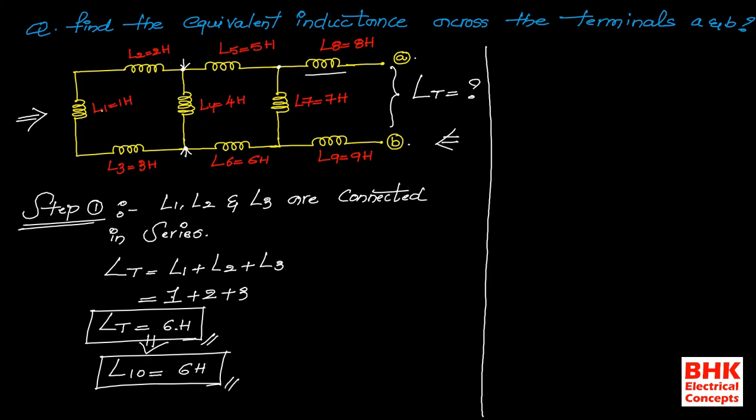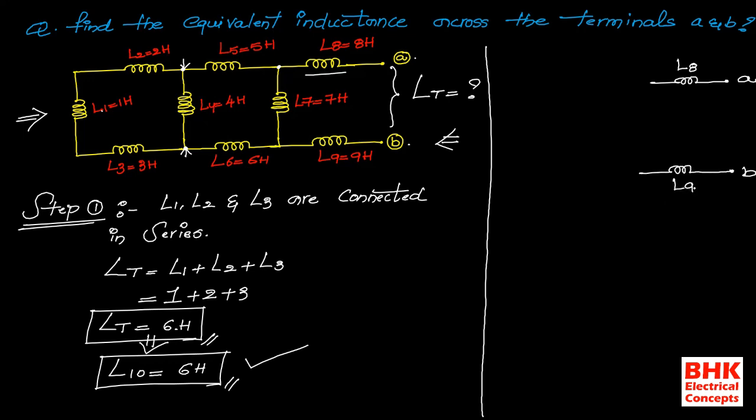Now I am replacing this L10 equal to 6 Henries in the actual network. See here, for example, this is terminal A, and this is terminal B. L8 is connected here, and here L9 is connected.